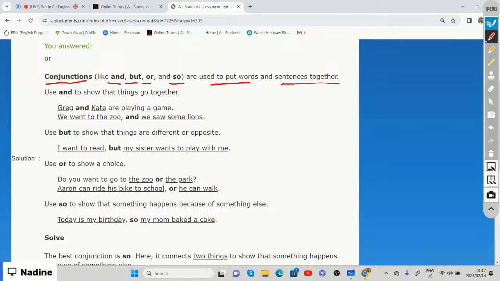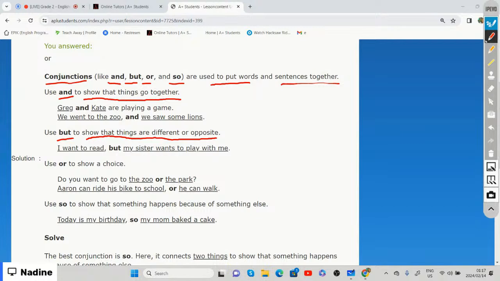But each one of those words specifically means something, and they tell us why or how we should use it. We use and to show that things go together. We use the word but to show that things are different or they are opposite. It's like you want to do something, but your sister or your siblings want to do another thing.